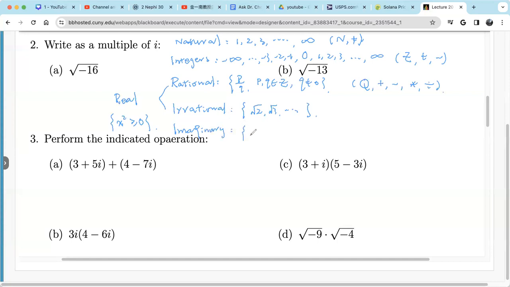What imaginary defines is such i squared equals -1, or i equals the square root of -1. Okay, then combine real numbers and imaginary numbers, we have complex numbers. Complex numbers, we have a real part, we have an imaginary part. Real part is a, imaginary part is b.